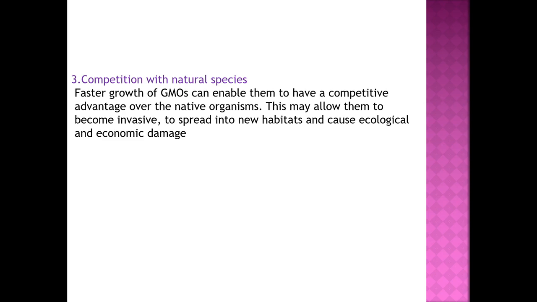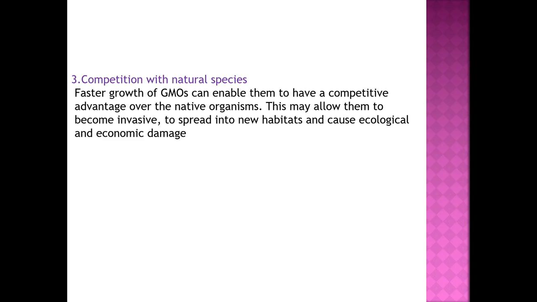In the next slide, the third risk or threat of the genetically modified crop is that genetically modified crops will compete with the endemic species or the natural species. Say for example, in genetically modified crops we have introduced many genes.